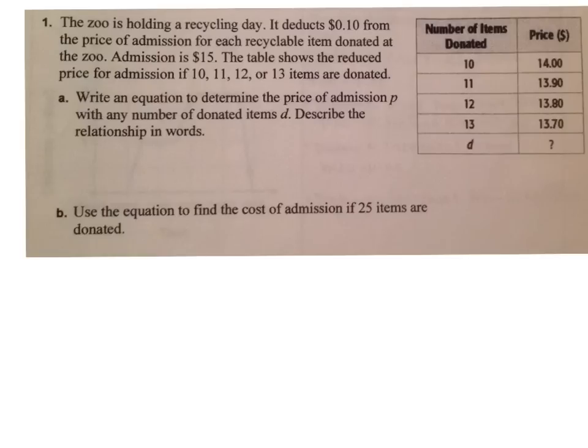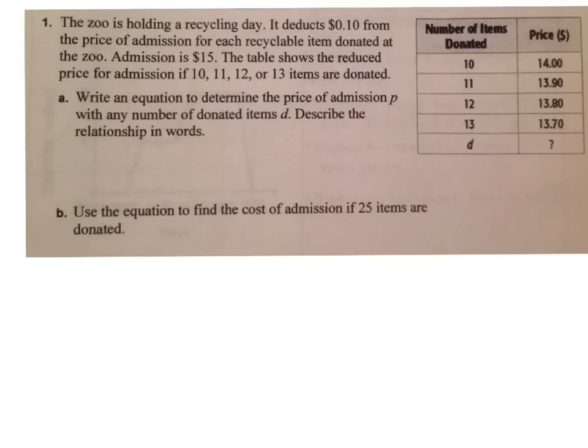All right, so here's question number 1. It says the zoo is holding a recycling day. It's going to deduct 10 cents from the price of admission for each recyclable item donated at the zoo. Admission is normally $15. The table shows the reduced price for admission if 10, 11, 12, or 13 items are donated.